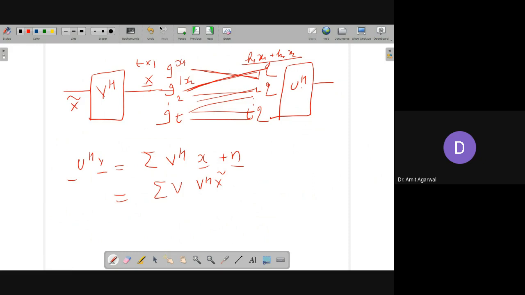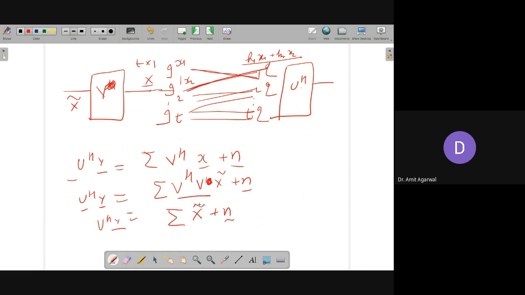Excuse me, I have done something wrong, I think. Yeah, it should be V, not V Hermitian, because V Hermitian is already here. So this is nothing but U Hermitian y, sigma V Hermitian V is identity. So this is nothing but sigma x tilde plus n.